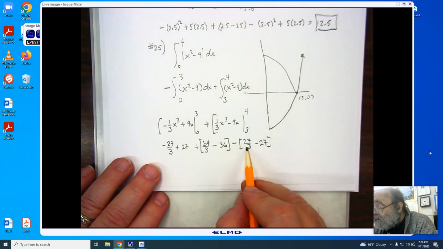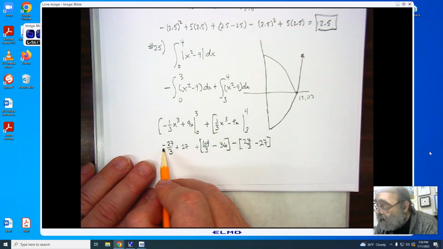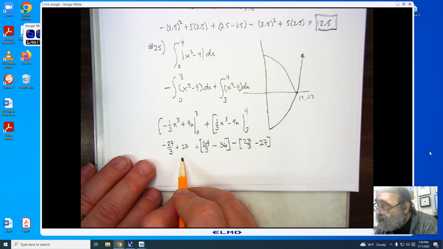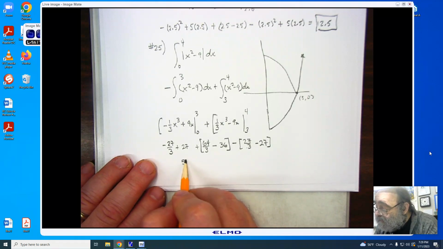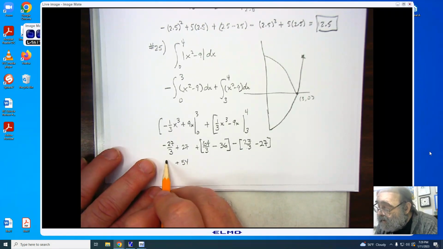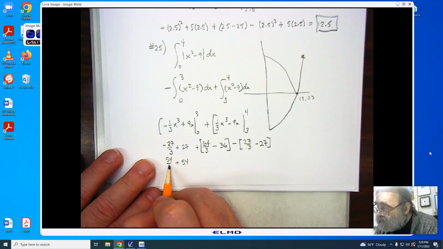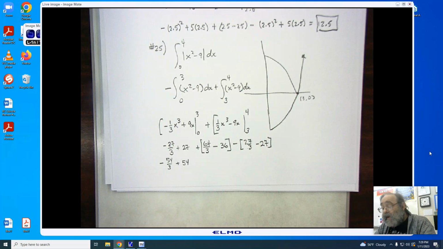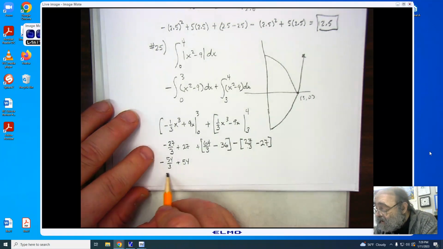This is going to become a double negative and give me twice as much. So I now have a 54, and I'm adding to it 54/3. Now, we know that 3 goes into this, and we're just looking at a negative 18.